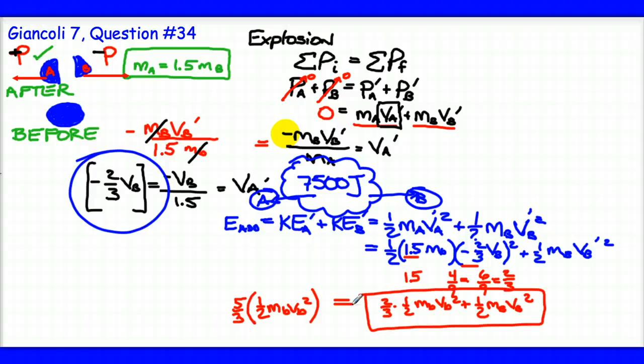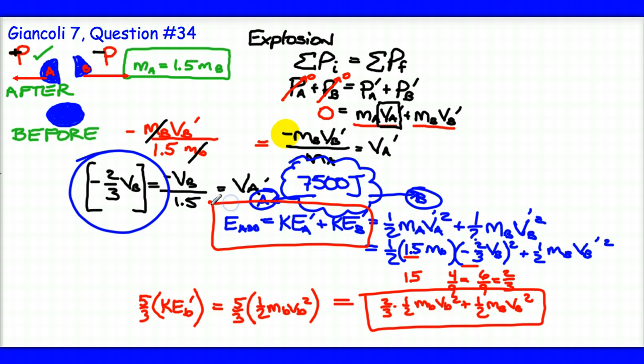So I now have basically 5/3 the kinetic energy of particle B after the collision. This is really what this statement says. And now I can say, well, let's look back at this initial description here. I said that the energy added, the 7,500 joules, is equal to kinetic energy A prime plus the kinetic energy B prime.